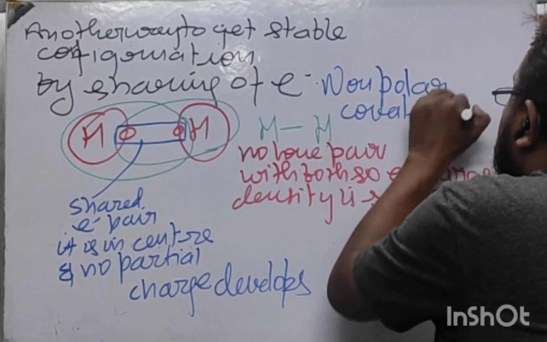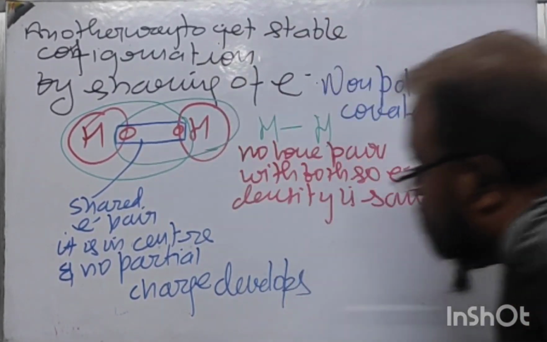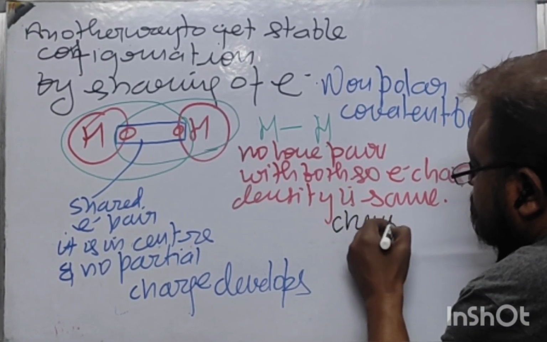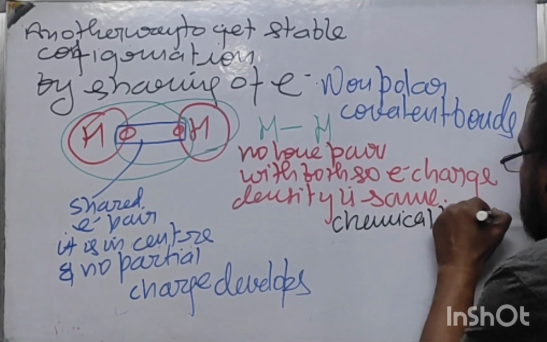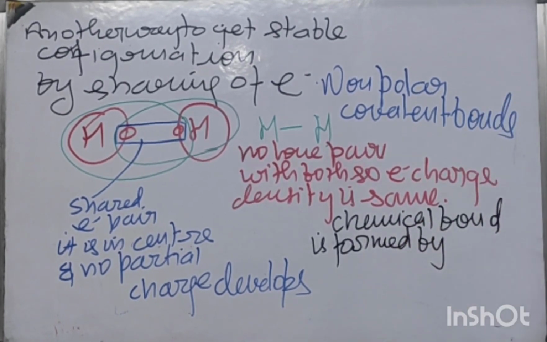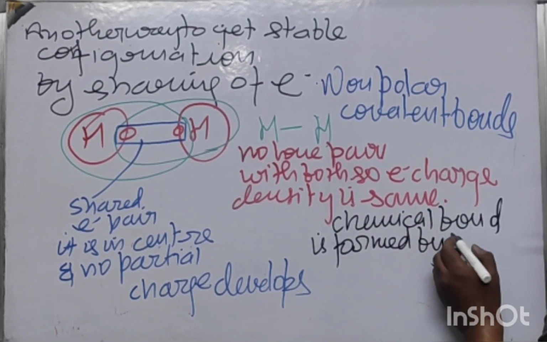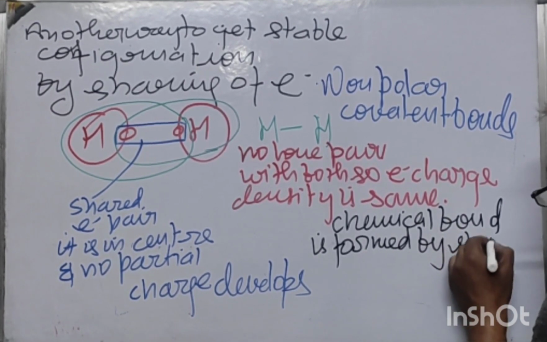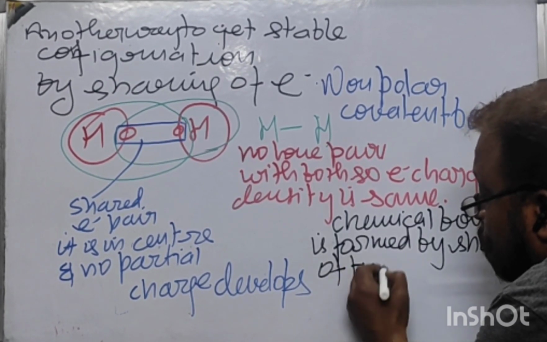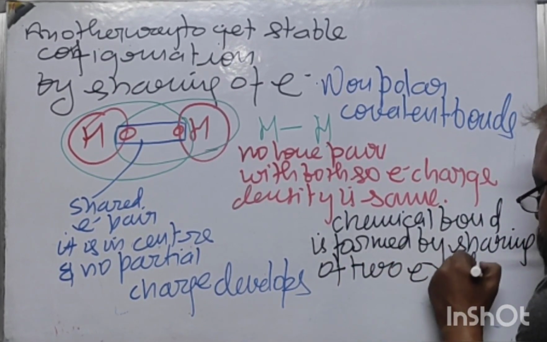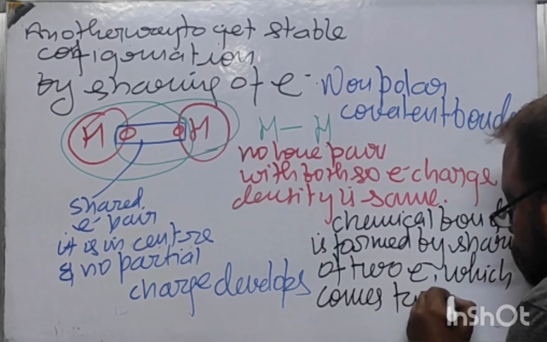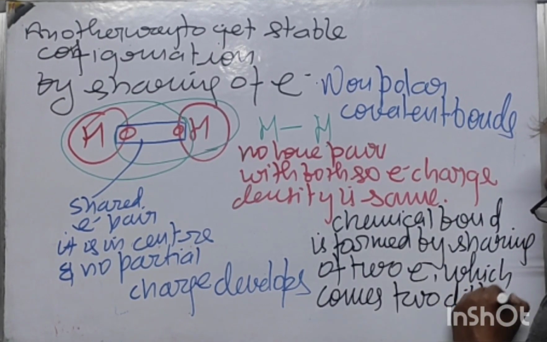राइट। व्हाट इज ए केमिकल बॉन्ड? केमिकल बॉन्ड is formed by sharing of two electrons which come from two different atoms.